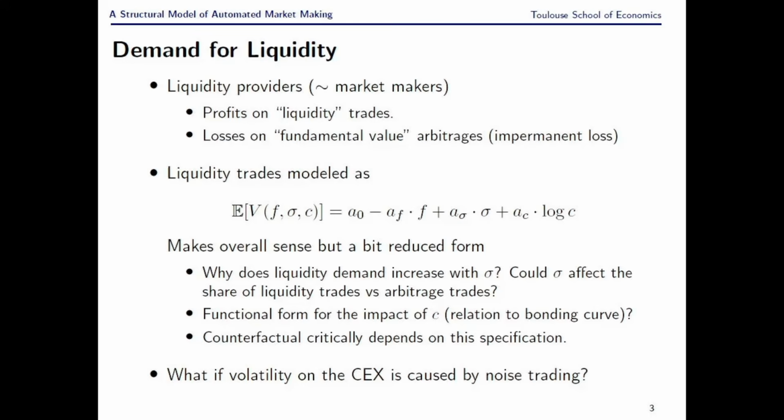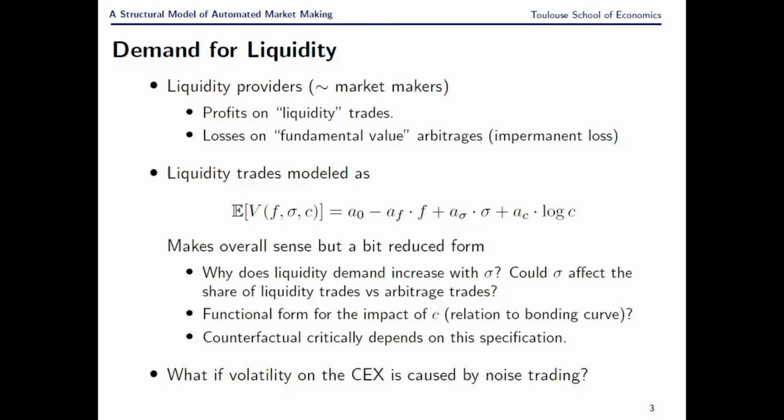So one of the things is the idea that the volume is going to go up when the fundamental volatility of the asset goes up, which holds in the data, so I'm not questioning this. On the other hand, it'd be nice to figure out exactly why this is happening. You could think of the volume going up because there are more liquidity trades.